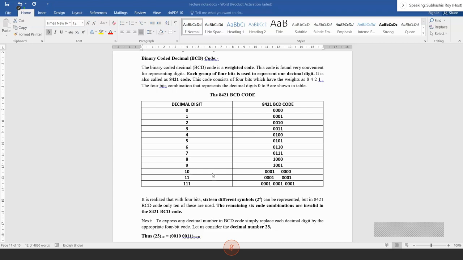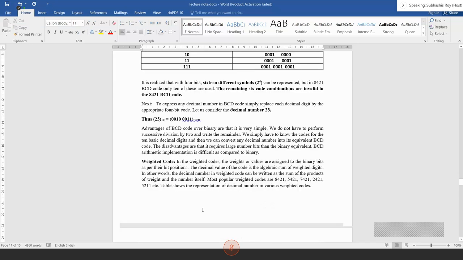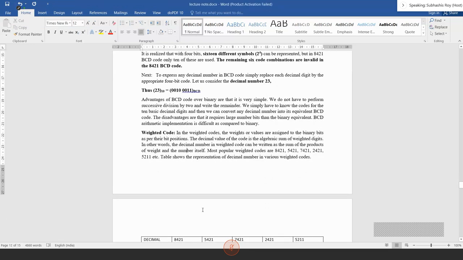So let me go to the first example. To express any decimal number in BCD code, simply replace each decimal digit by the appropriate 4-bit code.